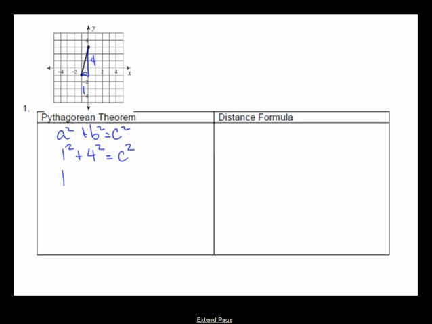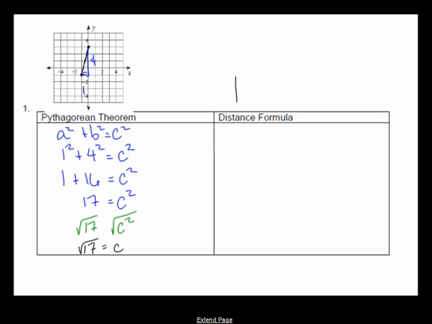That becomes 1 plus 16 is equal to c squared. 1 and 16 gives me 17 is equal to c squared. Take the square root of both sides, and I see that c is equal to the square root of 17. That's the distance of that segment.